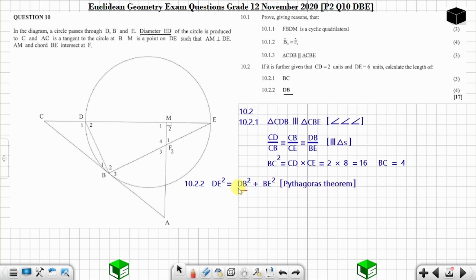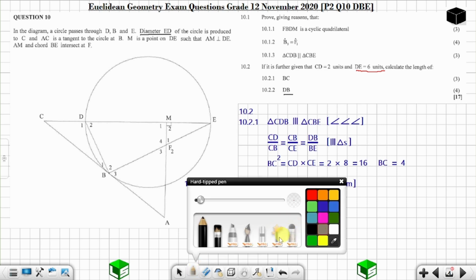So DB squared is equal to DE squared, and you take this to the left, minus BE squared. You have DE, but you need BE.